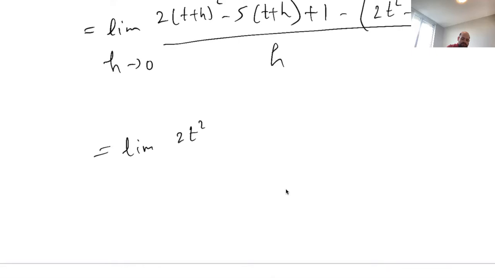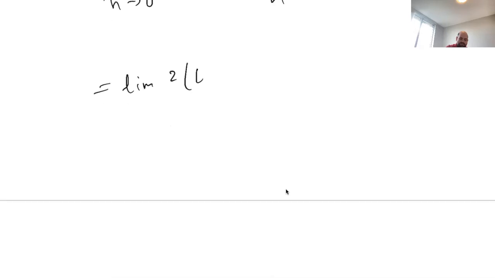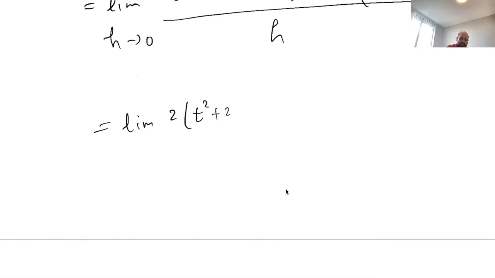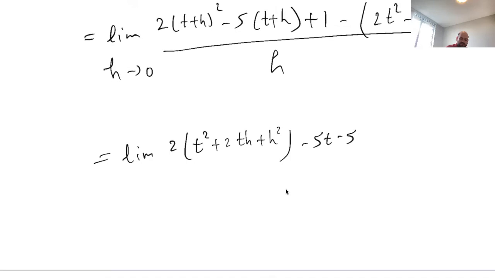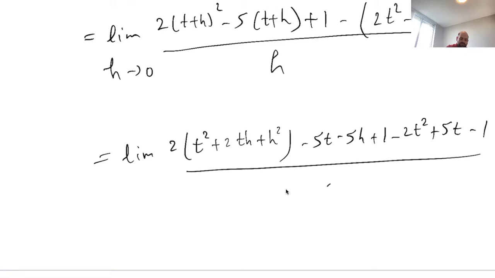2t squared. So 2 times (t squared plus 2th plus h squared), and then minus 5t minus 5h plus 1 minus 2t squared plus 5t minus 1, divided by h, as h approaches 0.